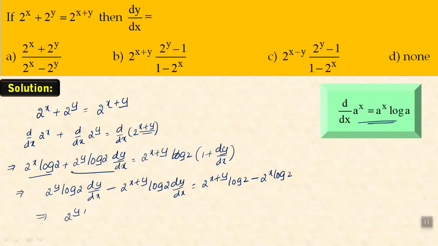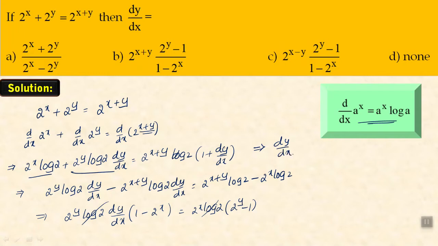So here 2 power y into log 2 dy by dx into 1 minus 2 power x is equals to, in these two terms 2 power x into log 2 is common. So here 2 power y minus 1. That implies log 2 gets cancelled. dy by dx is equals to 2 power x into 2 power y minus 1 divided by 2 power y into 1 minus 2 power x.